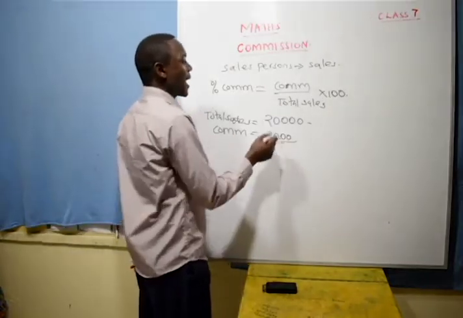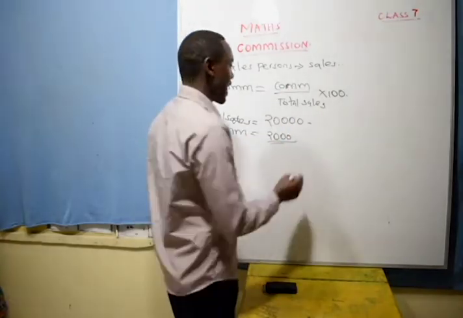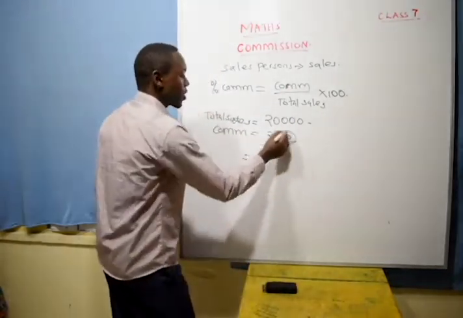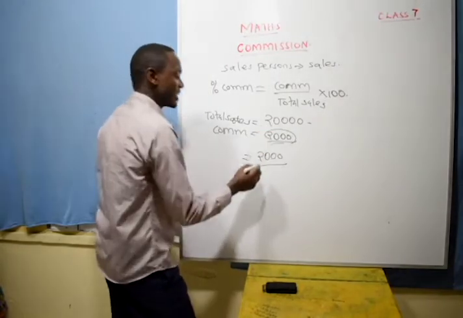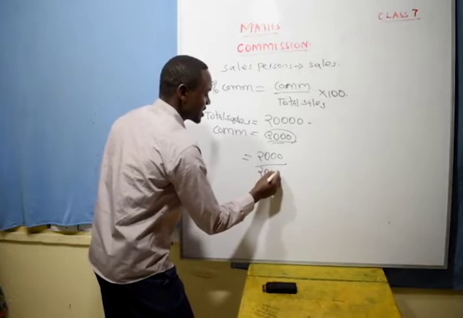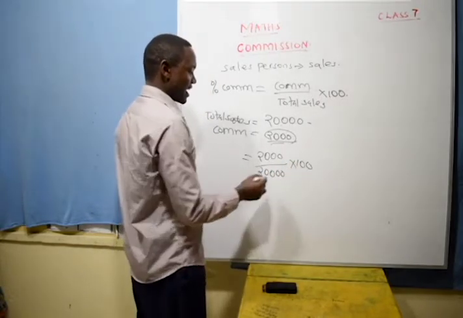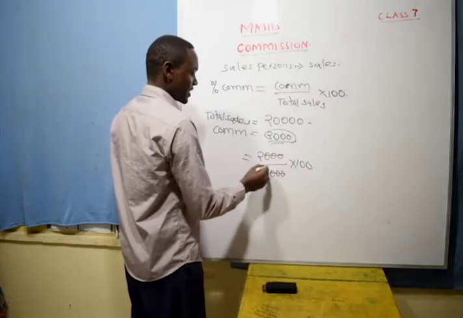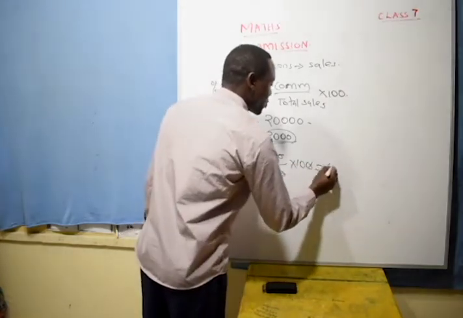Using our formula, percentage commission is equal to the commission over total sales times 100. So you take your commission, which is 2,000 shillings, over the total sales, which were 20,000, times 100. So the percentage commission will be 10%.